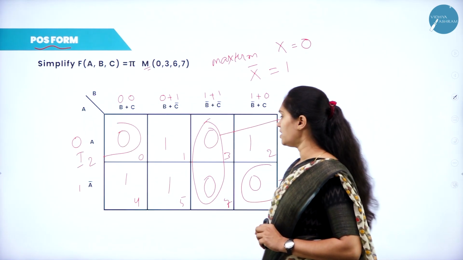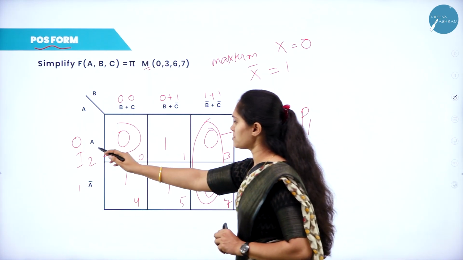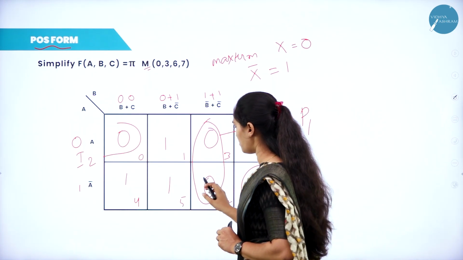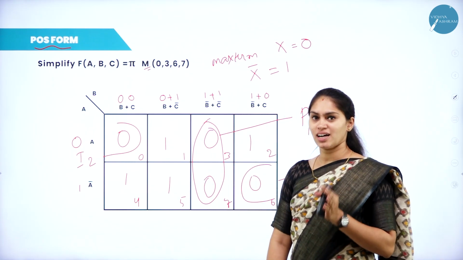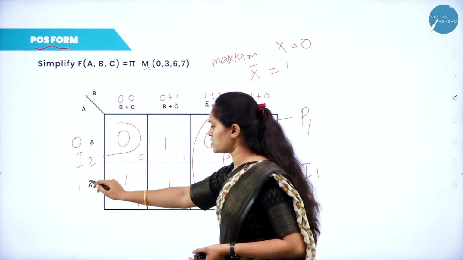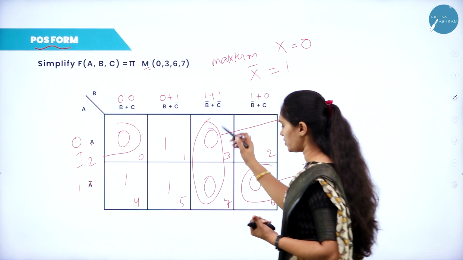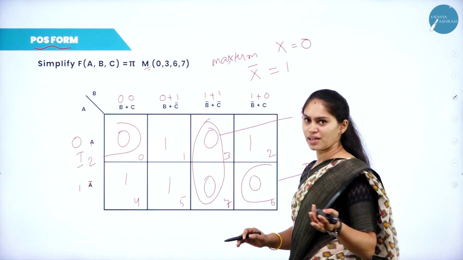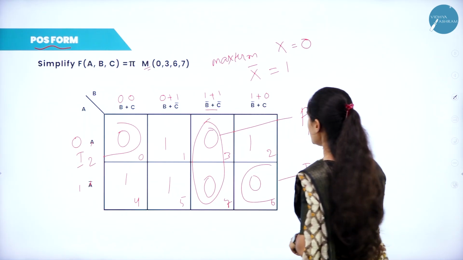If you consider the pair, which row am I supposed to take? A and A bar. If I wanted to do the pairing of this one, which is the common factor here for the row, I have to take A and A bar. As we all know that it will be 1, so we are not going to take this. So the row will not have any common variable, and I have to take the column, that is B bar plus C bar.